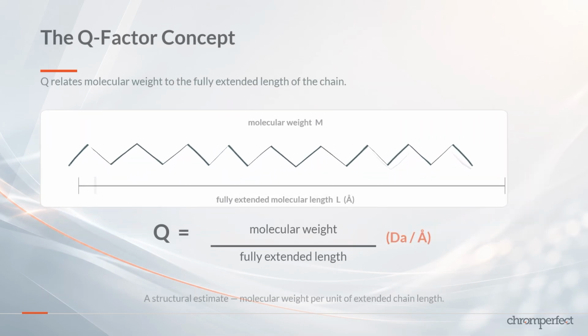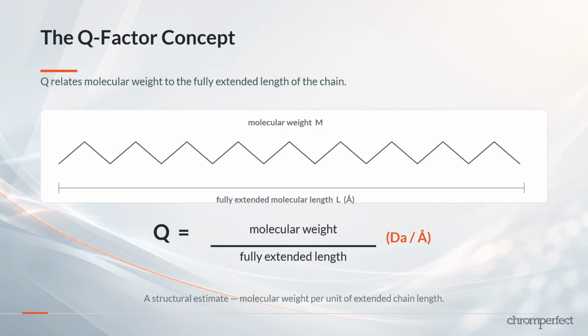The Q-factor method, an early universal calibration approach, assumed that molecular size for SEC purposes was proportional to the fully extended molecular length of the polymer. A proportionality constant, called the Q-factor, was used. The Q-factor is the molecular weight divided by the fully extended molecular length.